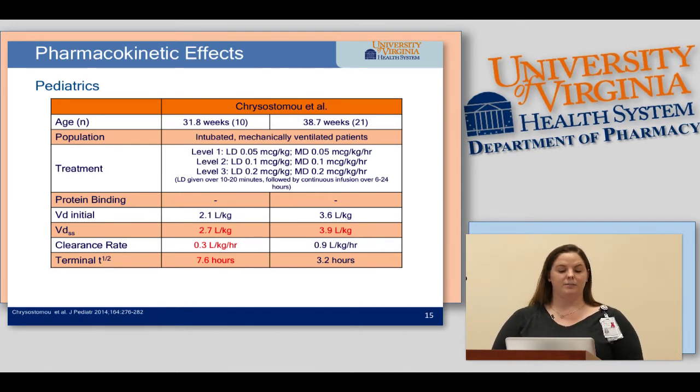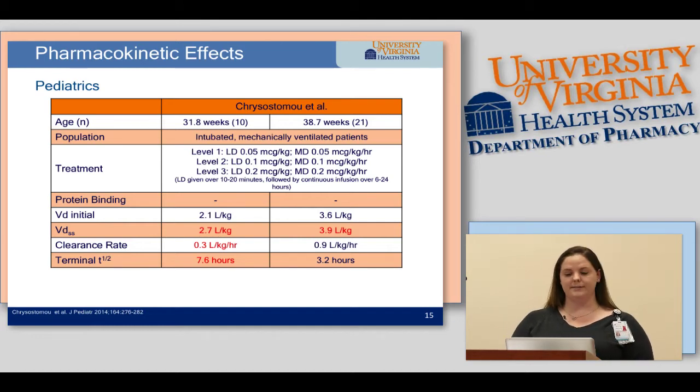The volume of distribution between the 2 groups was different at 2.7 liters per kilo and 3.9 liters per kilo. And you can also see that the terminal half-life, which is one thing that I really want to point out, is also different at 7.6 hours for the preterm neonates compared with 3.2 for the term neonates.